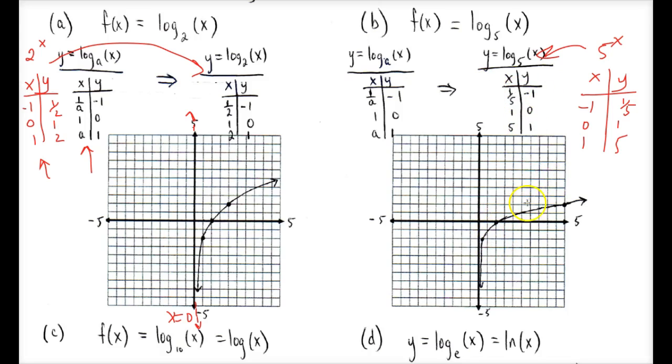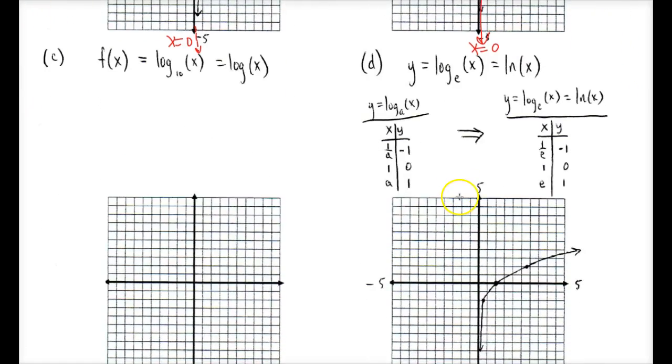Once we have our points, we just graph it. We know that the basic profile is going to, from right to left, kind of do this and slant down, and as we get closer and closer to the y-axis, it starts to ride along there but never touch or cross. Again, we have a vertical asymptote here at x equals 0.